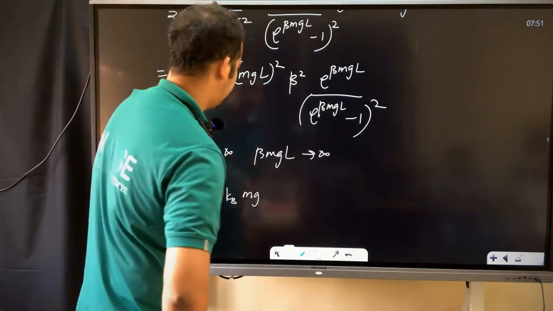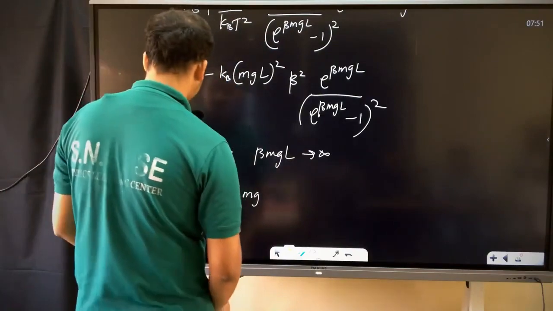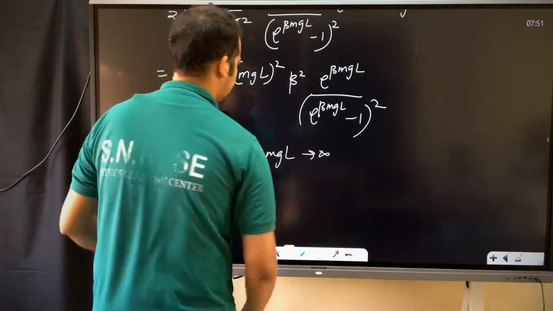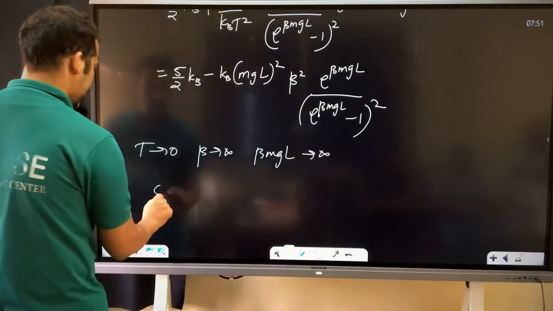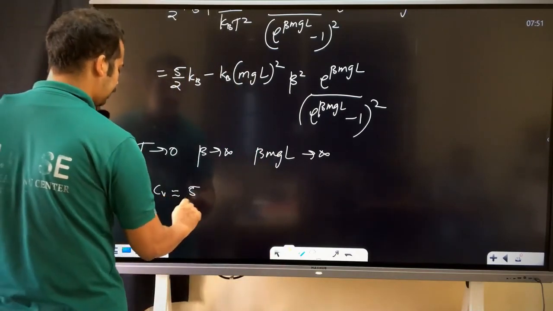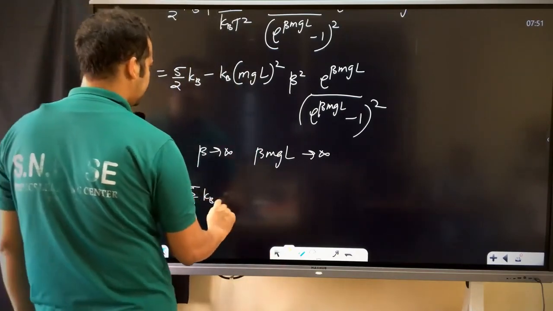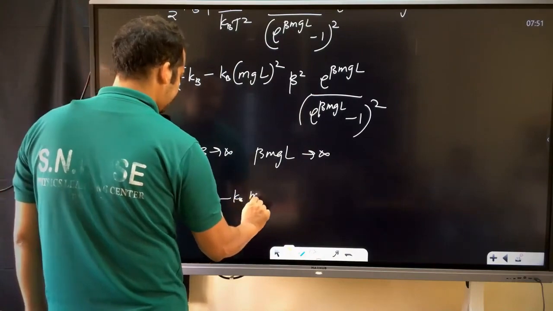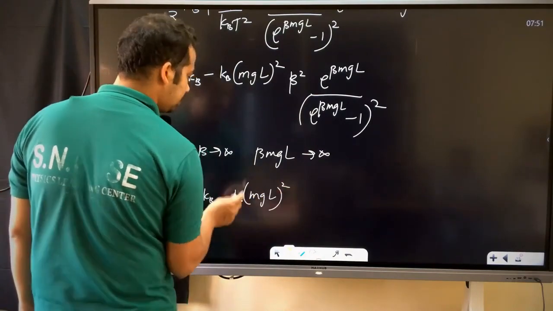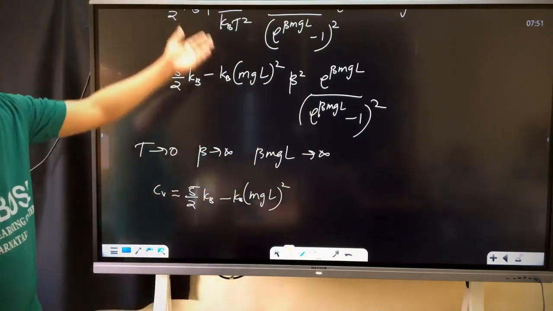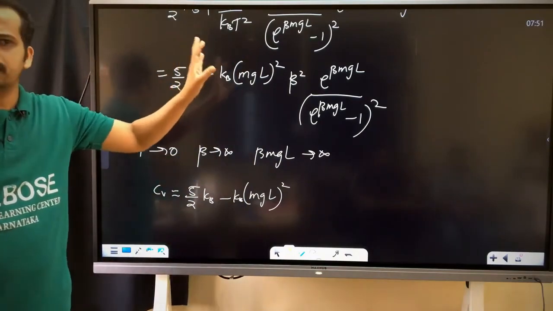One more time, CV is nearly equal to 5 by 2 kB minus kB mgL whole square. This part should be practiced. The other part you should do very neatly without any mistake.